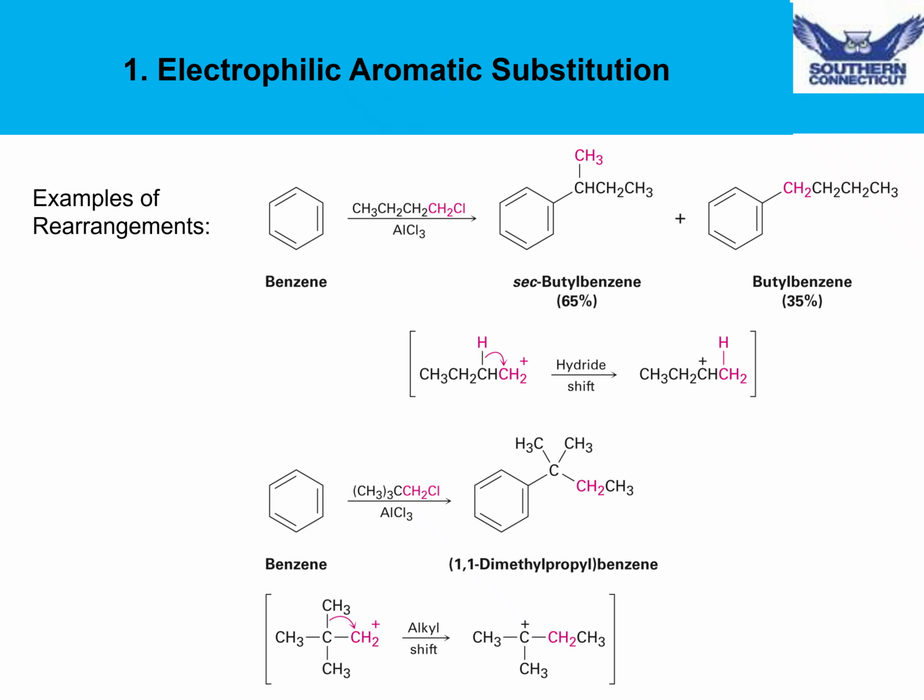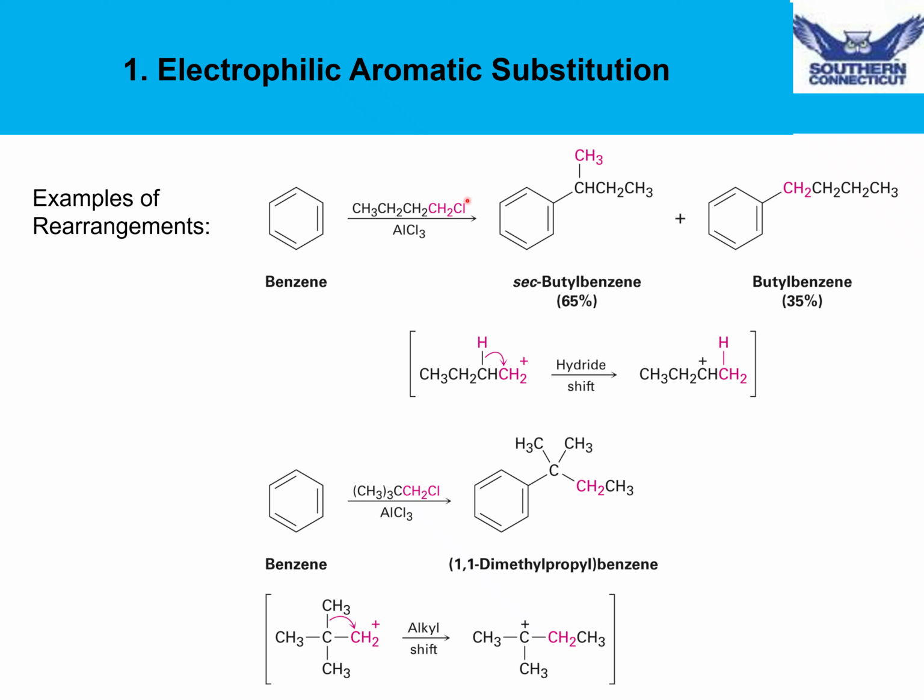In the Friedel-Crafts alkylation reaction, we could use primary, secondary, and tertiary alkyl halides. However, when we use primary and secondary ones, we can often see rearranged products from carbocation rearrangements. As an example, if we use this primary alkyl halide, not only do we get the expected product, which would be butylbenzene.